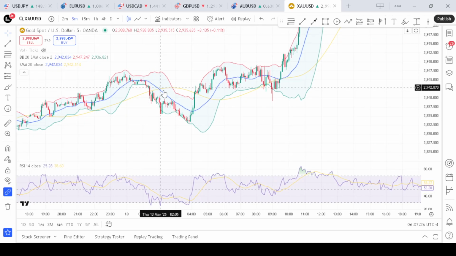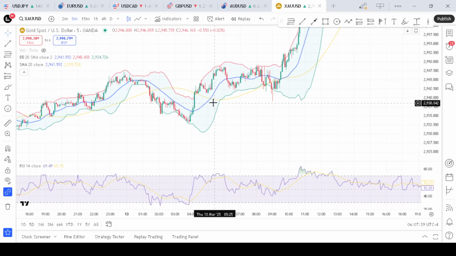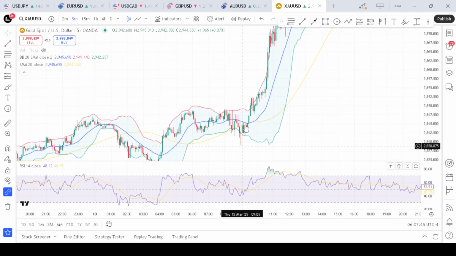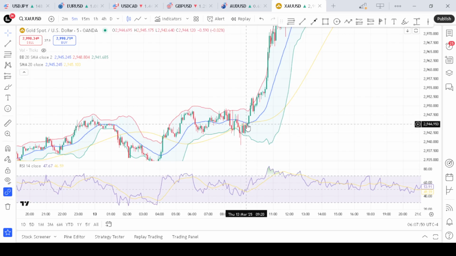When the moving average, this blue line, and the longer period moving average, which is this yellow line, come to a crossover, when you see a crossover of the 20 moving average above the 50 moving average, which is this yellow line, this signals a bullish signal.